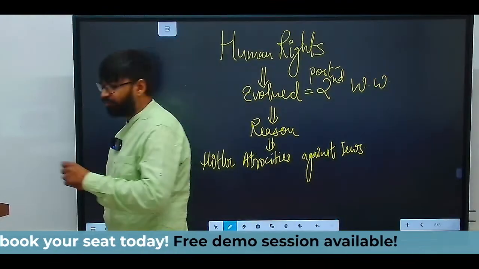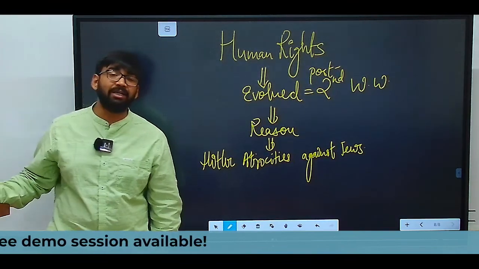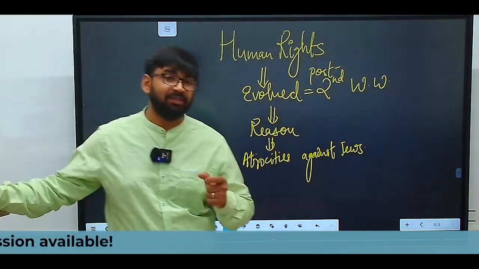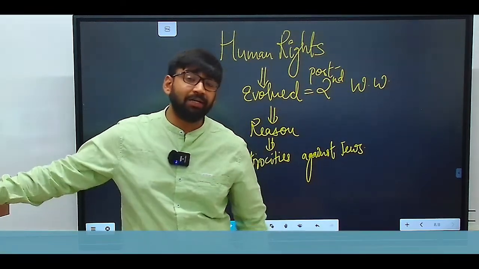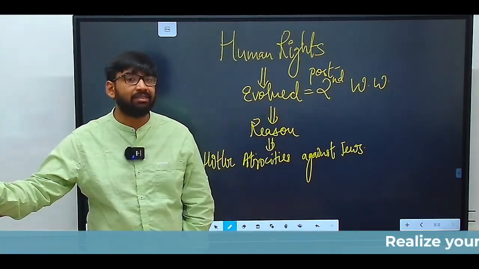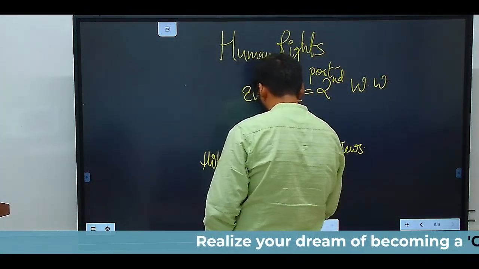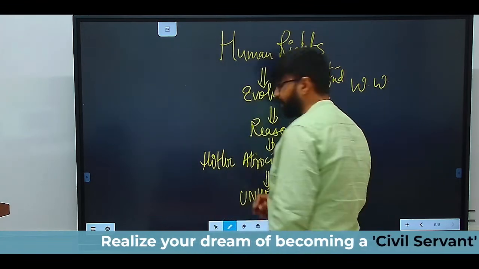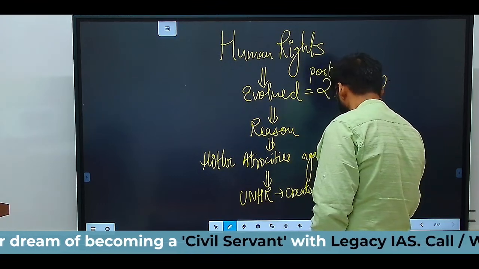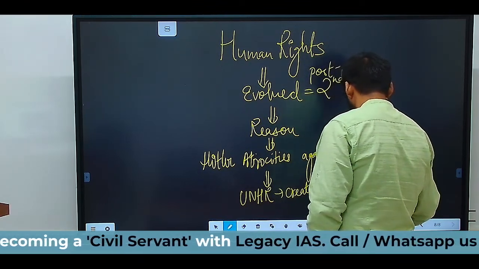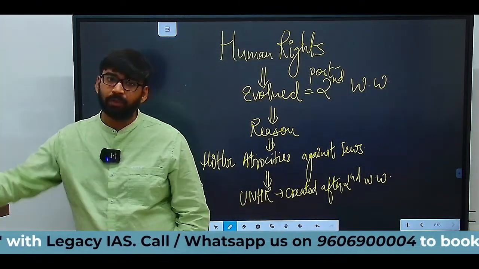That is why after the Second World War you will see that United Nations Human Rights, UN Human Rights, evolved. The United Nations Declaration on Rights. So UNHR was created, United Nations Human Rights were created after the Second World War. This is the most important thing.